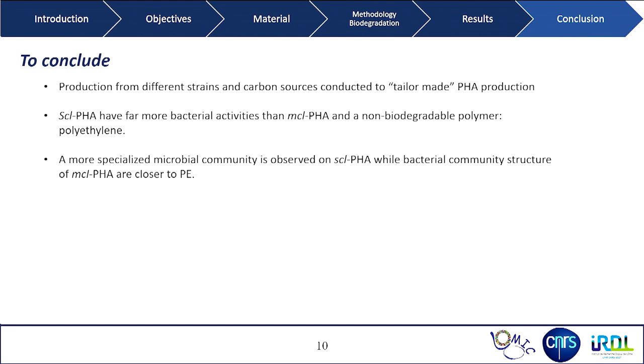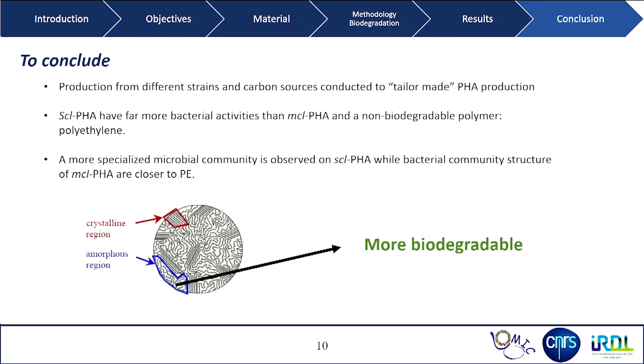And we found a more specialized microbial community on short-chain than on other polymers, while the bacterial community structure of medium chain was closer to PE than to short-chain. This is quite surprising because for polymer experts, the more amorphous the polymer is, the more it is believed to be biodegradable. And this is not the case for short chain.